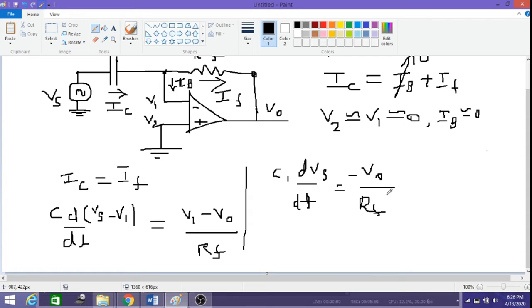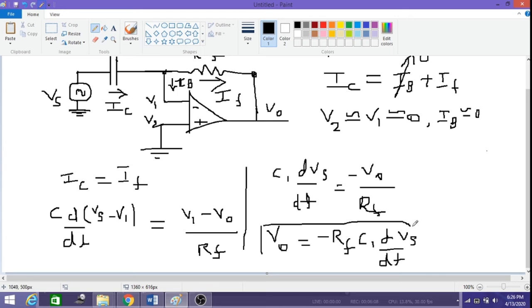If we rearrange this equation, finally we get V0 equal to minus Rf into C1 into d by dt of Vs. So this is our final output equation for a differentiator circuit.